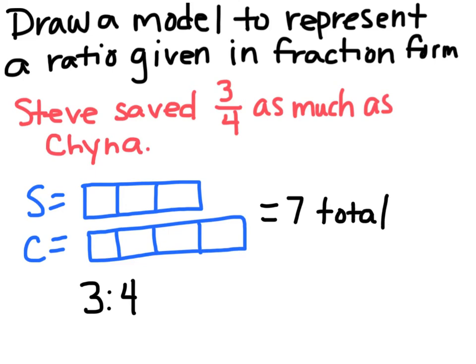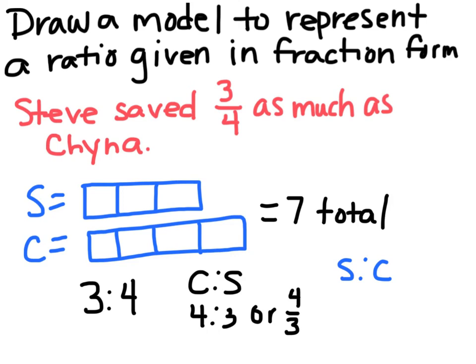All right. So if you were asked to write the ratio of China's savings to Steve's savings, you would write China to Steve would be 4 to 3 or 4/3. If you were asked to write the ratio of Steve's savings to China's savings, you'd write 3 to 4 or 3/4.